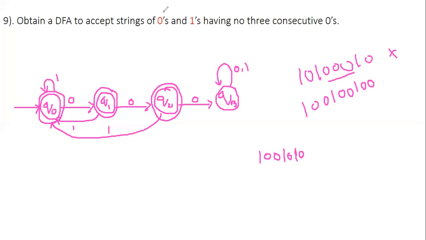Okay, if it is accepted for three consecutive zeros, then Q3 should be made a final state. But here we are saying the three consecutive zeros should not be available. That's why we are making Q3 a non-final state, and the rest of all should be made final states.